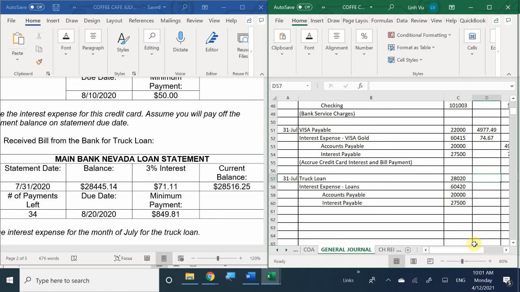Okay. So once again, how much am I going to owe? How much is actually going to go towards my actual loan? If I'm going to pay a total of $849.81, how much is actually going to be paid to the actual loan? What actually goes towards my interest? Or I'm sorry, my principal.